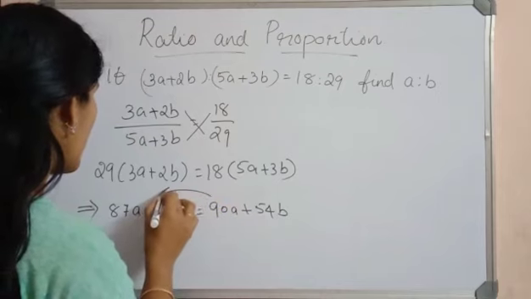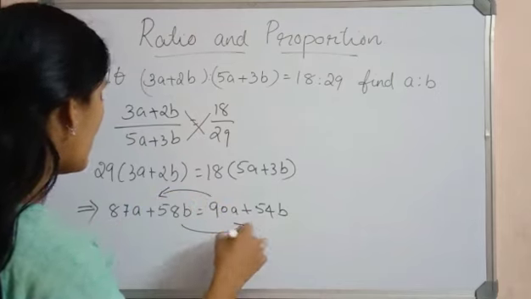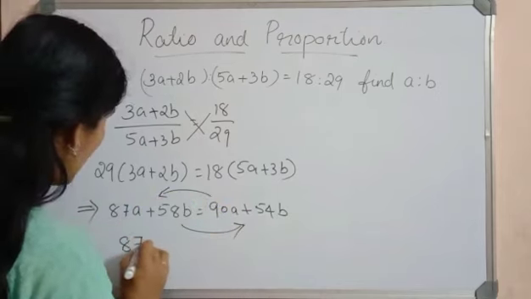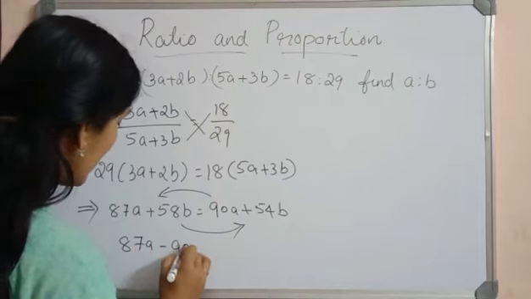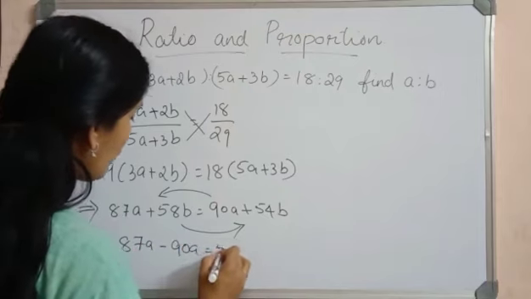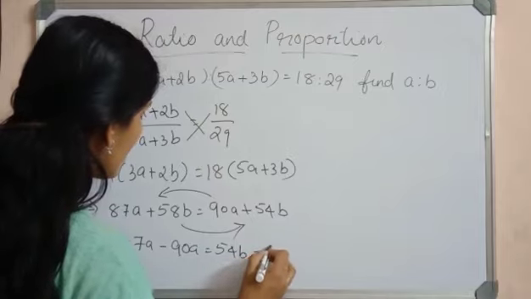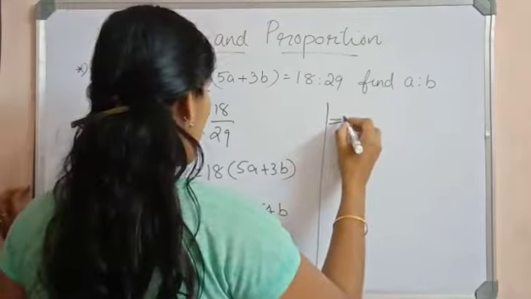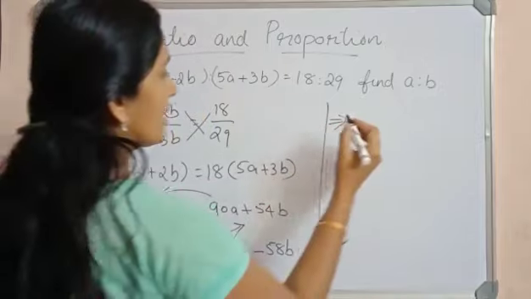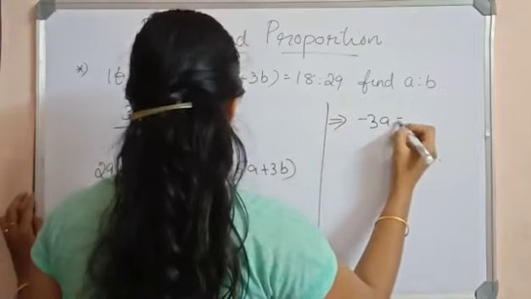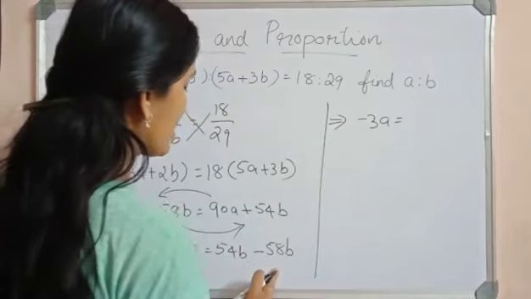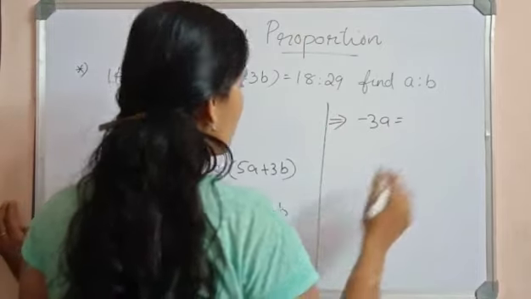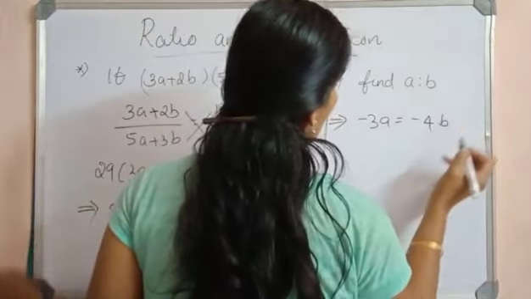Now bring a to this side and b to the other side. 87a minus 90a is equal to 54b minus 58b. This implies 87 minus 90 is minus 3a, equal to 54 minus 58, which is minus 4b.